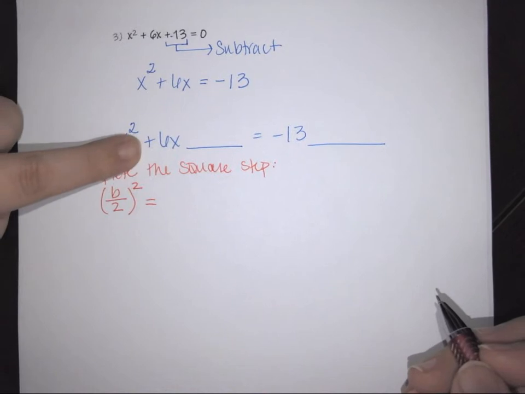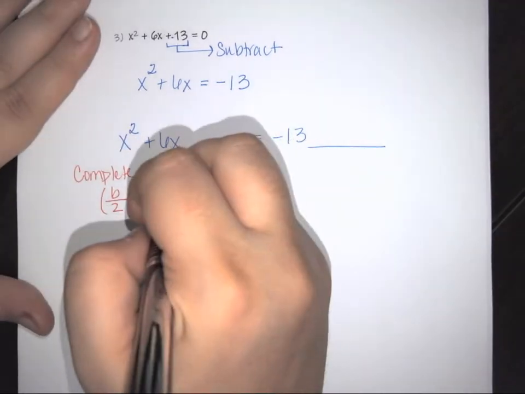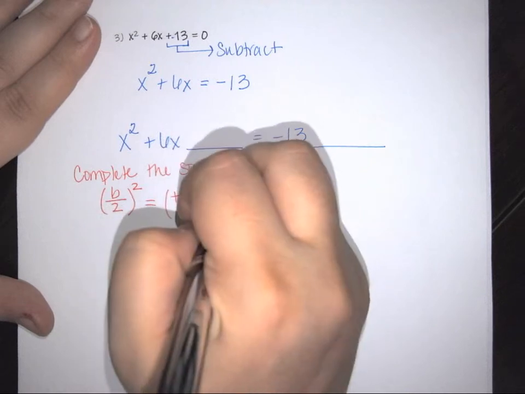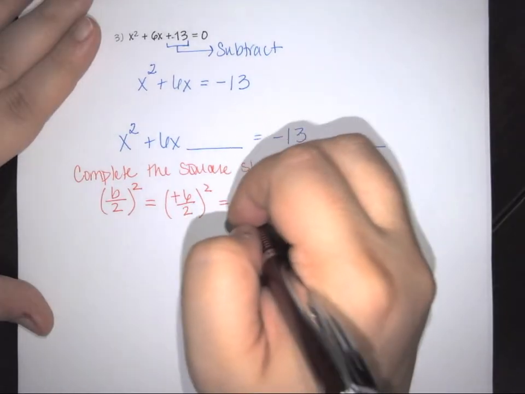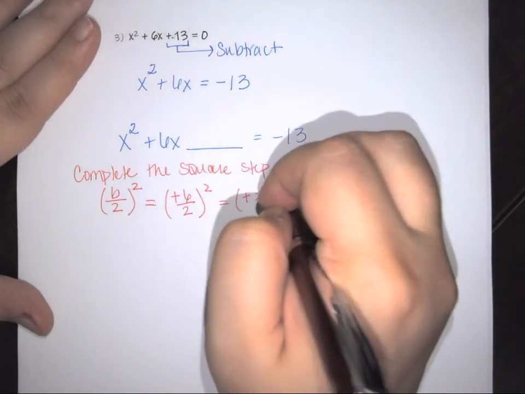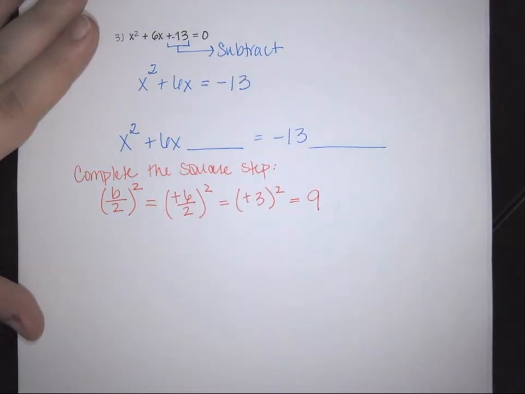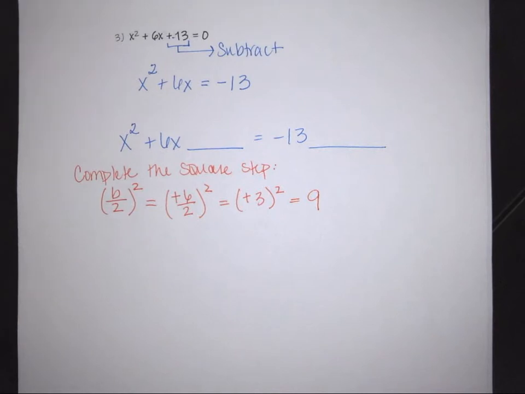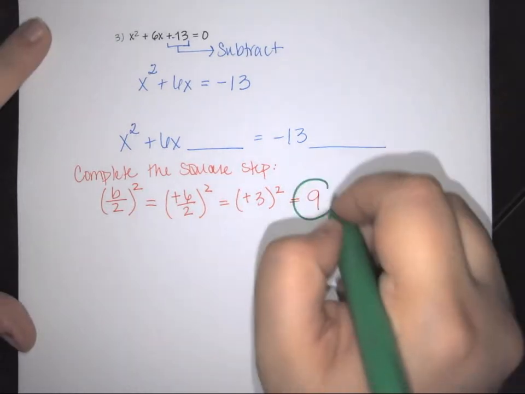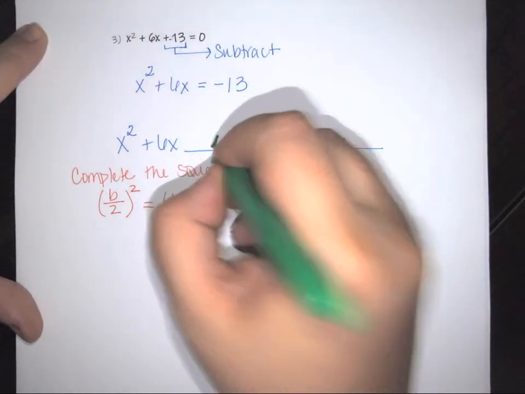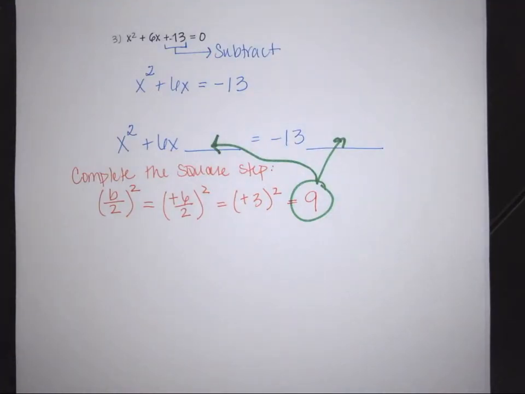Well, in this case, my b is a positive 6, so this is going to be positive 6 over 2 and squared. 6 over 2 reduces to a positive 3 and squared, which gives me 9. So again, just like before, I'm going to take this 9, and it comes up onto this side and up onto that side.